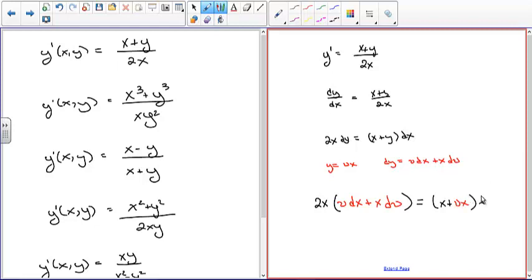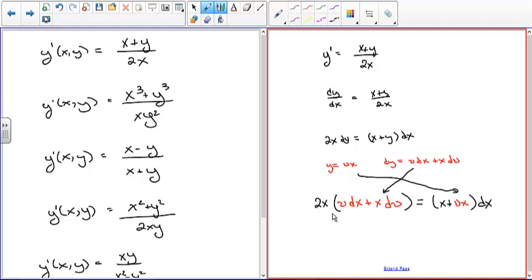And dx just stays the same. So you can see I've made this substitution here, and I've made that substitution there. So step one is get everything on the same line. Step 2 is make the substitutions.